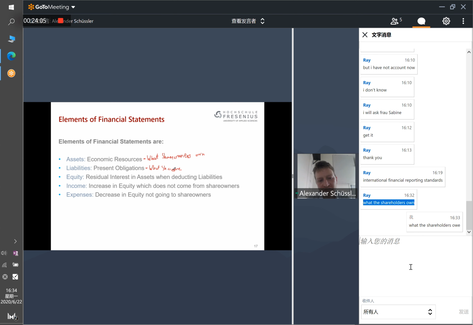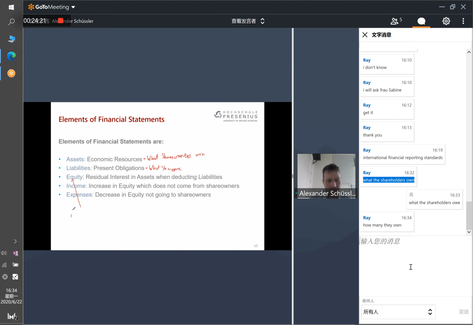Equity is the residual interest in assets when deducting liabilities. Yeah, so here we have what is important. We have the accounting equation, and the accounting equation means assets equals equity plus liabilities, and you can transform it.